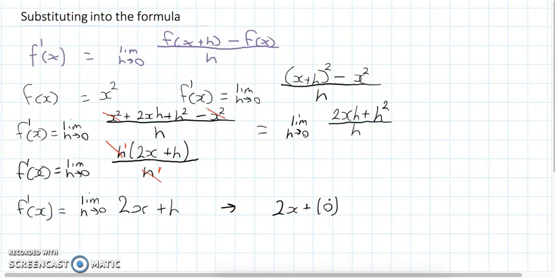In case I've done anything wrong, I can go back, have a look through, and I'll be able to see where I might have done an incorrect substitution. So now that this limit's happened, we can actually remove that from our answer. So f dash x is simply 2x.